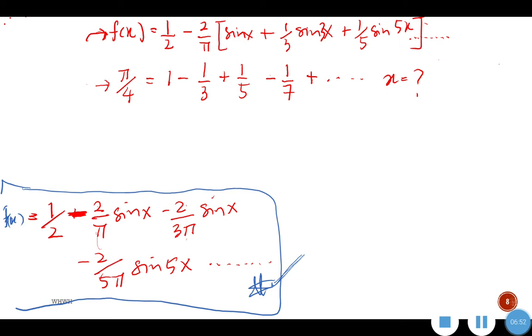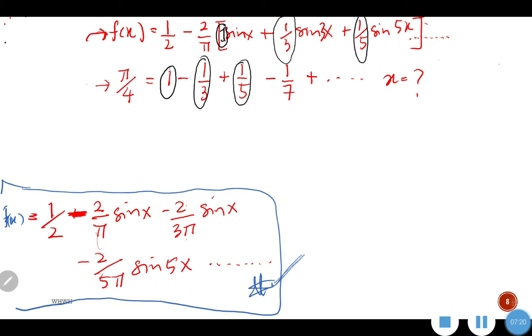So maknanya kat sini kalau kita tengok kan, if you can relate, we do have 1. Kat depan ni pun kita ada, sebenarnya ada 1. And then here we have 1 over 3. Kat sini kita ada 1 over 3. Here we have 1 over 5. Here we do have 1 over 5.